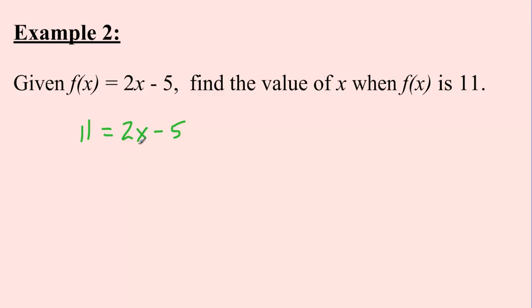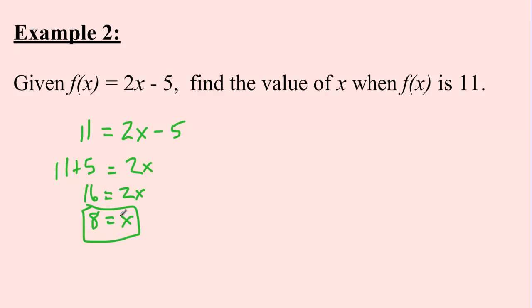So you'll see that we have x here. We probably want to isolate for it. So we'll move the 5 over to the other side. 11 plus 5 equals 2x. 11 plus 5 is 16. And so now divide by 2. And we're left with x is equal to 8.